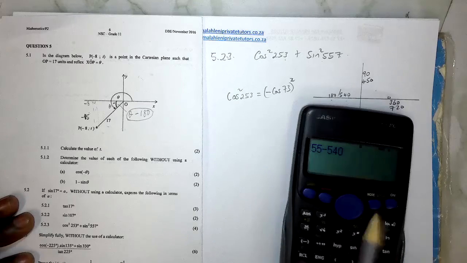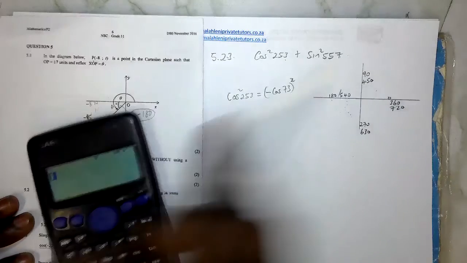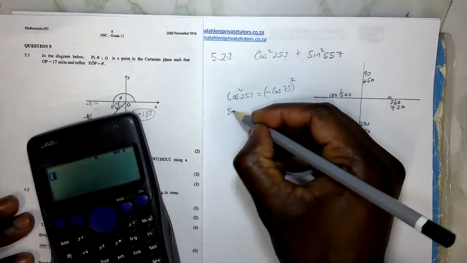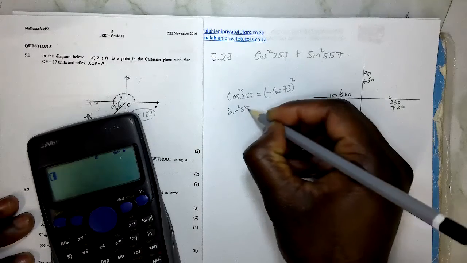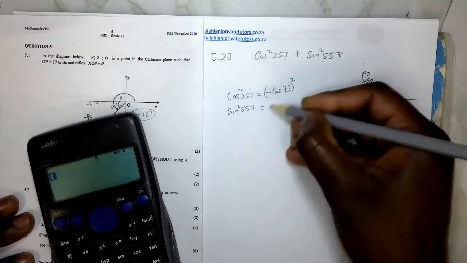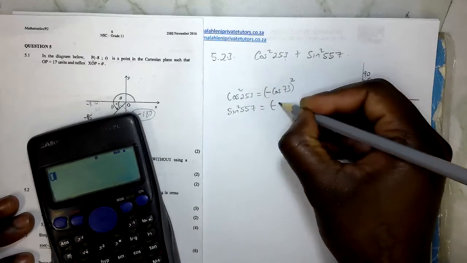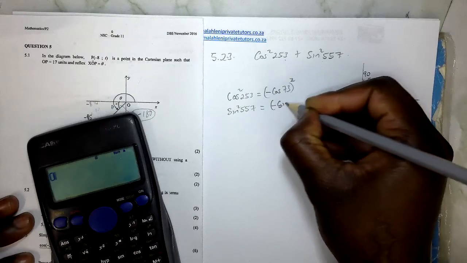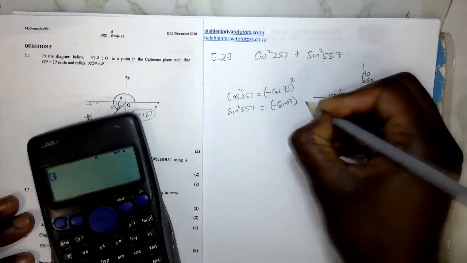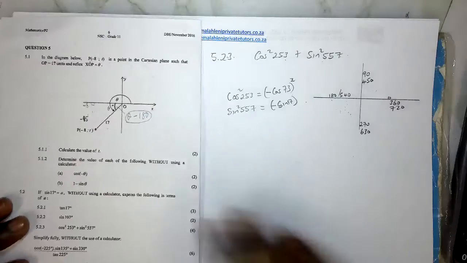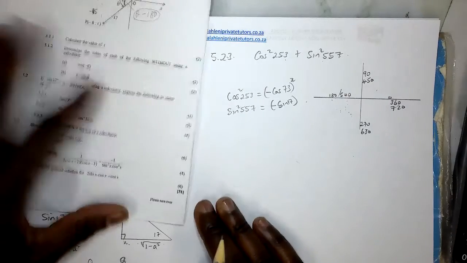We get 17. So we're actually saying sine squared 557 is equal to, it's also negative here, negative sine 17, squared. Now, here you have everything that you need.